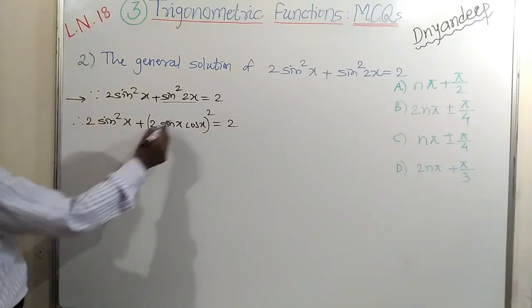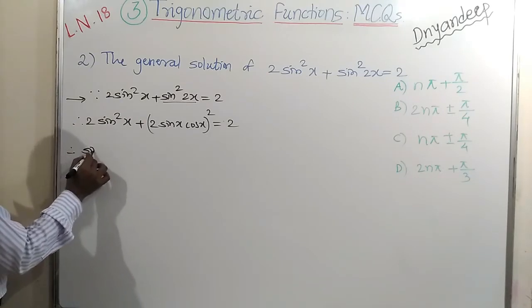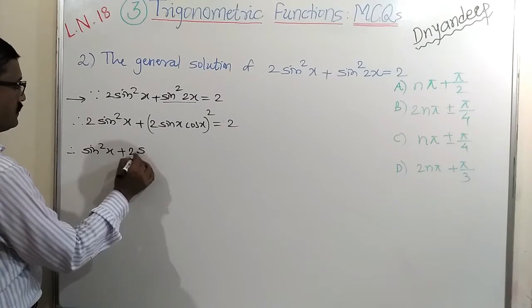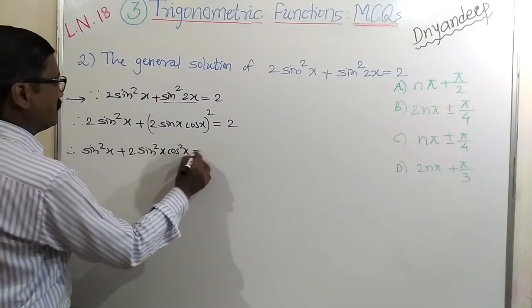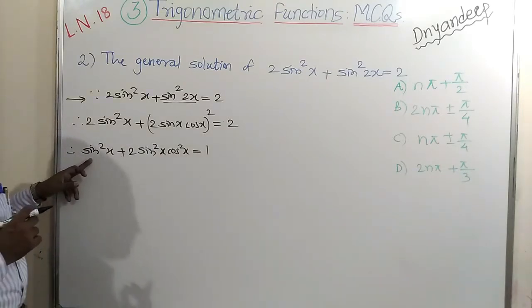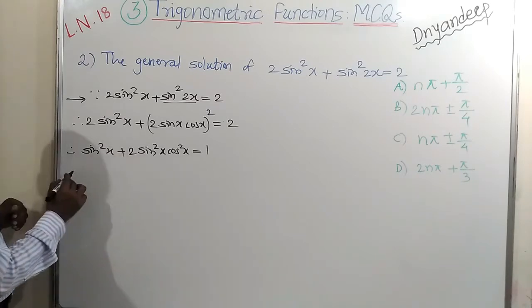Here is 2, here is 2 square means 4, 2. So cancelling 2, we get sin square x plus 2 sin square x cos square x equal to 1. Taking this 1 to the left becomes sin square x minus 1, and sin square x minus 1 is equal to minus cos square x.